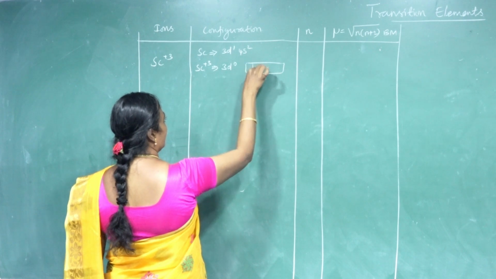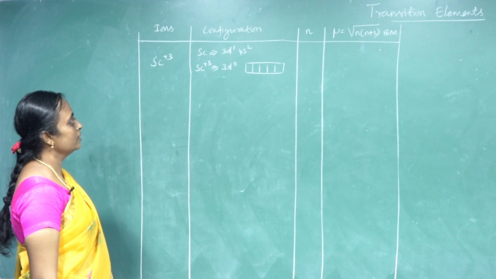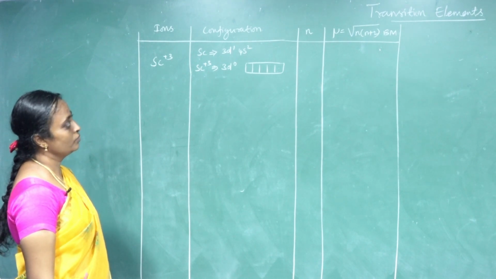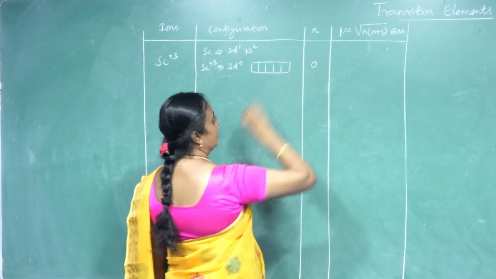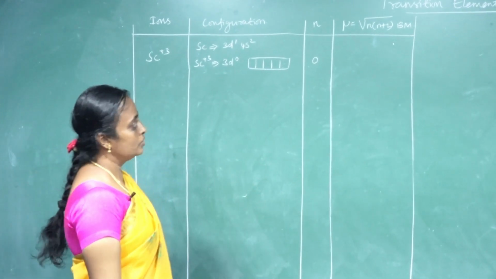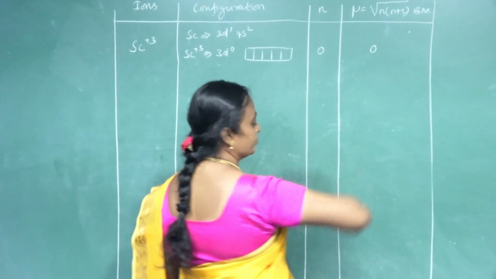The d orbital is fully empty, there is no electron present. So the number of unpaired electrons here is 0. If the number of unpaired electrons is 0, the magnetic moment value is also 0.